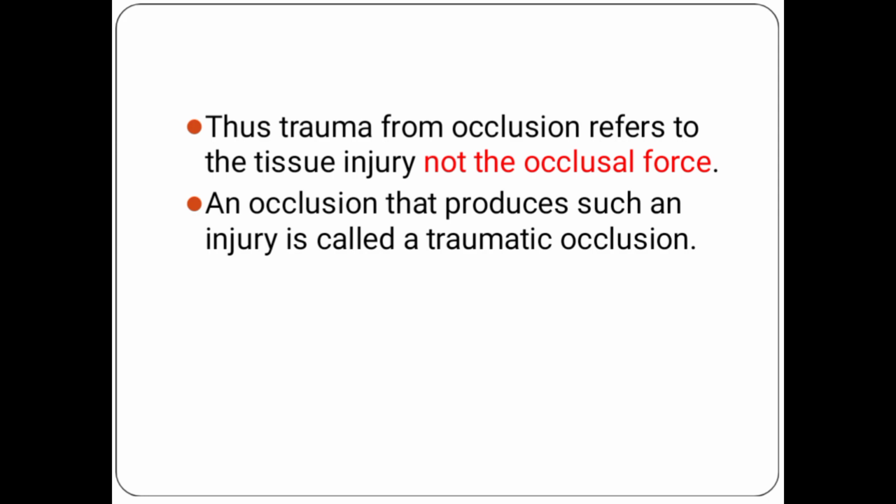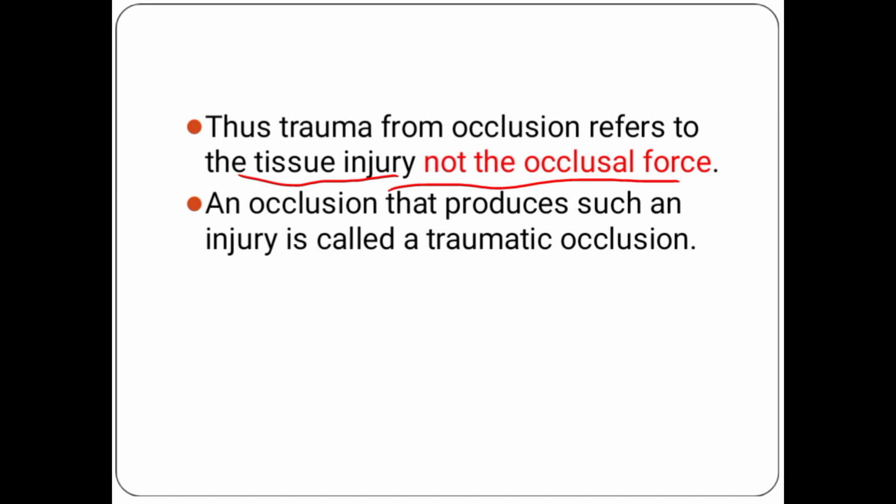Trauma from occlusion refers to the tissue injury, not the occlusive forces. So here what they are saying is that we can consider trauma from occlusion when it causes tissue injury. Those occlusive forces that are capable of causing tissue injury, we consider trauma from occlusion, not the normal occlusion.